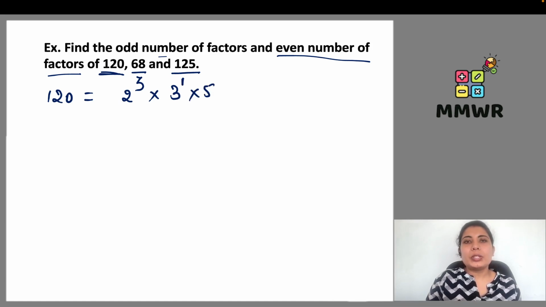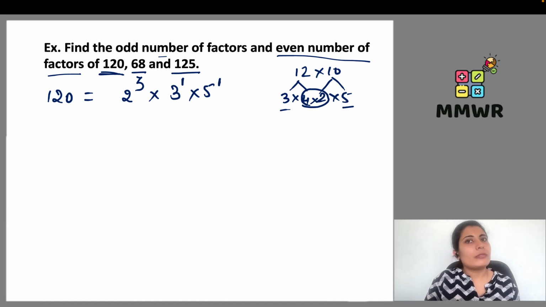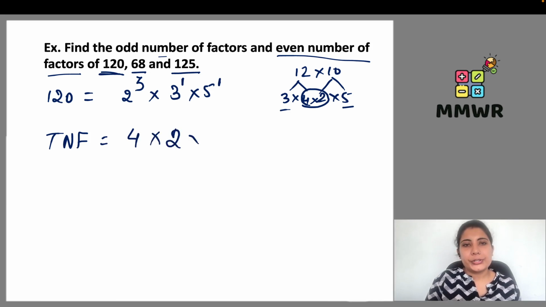Right? 2 to the power 3, or I can write it as 12 multiply 10. 12 is 3 4s are 12 and this is 2 5s are 10. Look, 4 multiply 2, we can have it 2 cube, 3 power 1, 5 power 1. So we got the prime factorization for 120. We can get the value for total number of factors, which will be the successor of the powers. So 4 multiply 2 multiply 2, 2 2s are 4, 4 4s are 16.